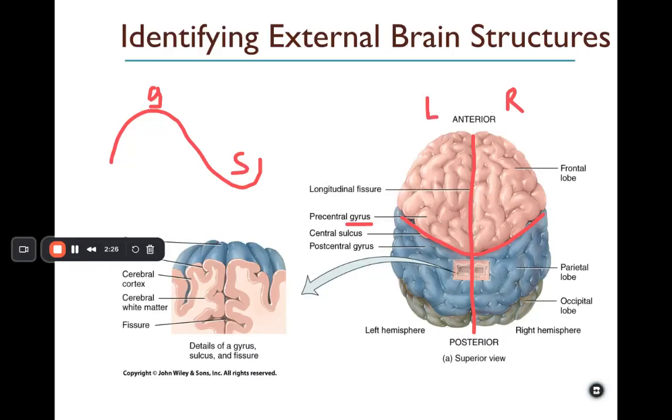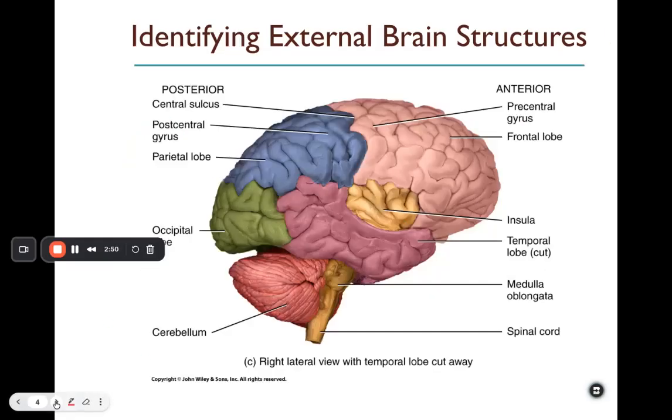This is the left hemisphere of the brain. This is going to be the frontal lobe, because that's in the front, just like the frontal bone. Parietal lobe, like pair of parietals. And then back here, occipital lobe, that's going to be where most of your eye information is going to go, just like the occipital bone in the back of your brain.